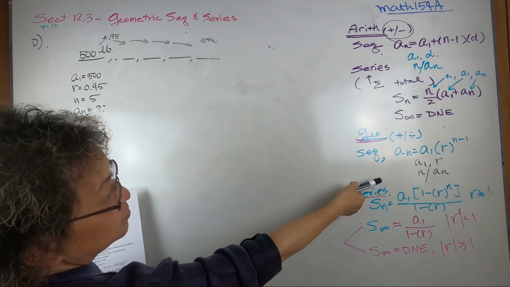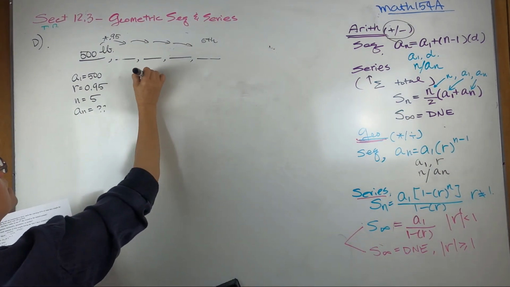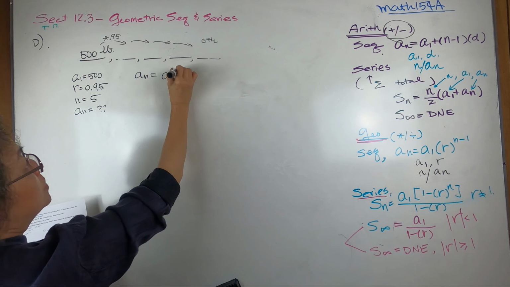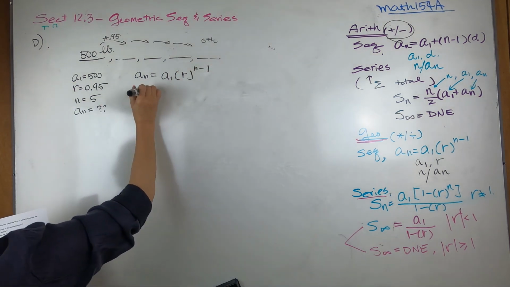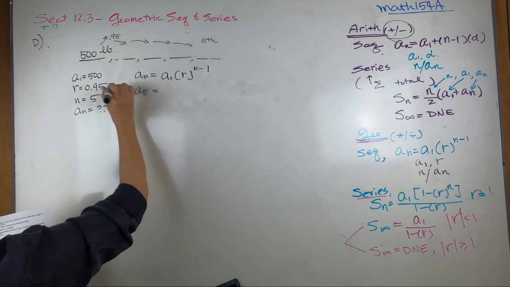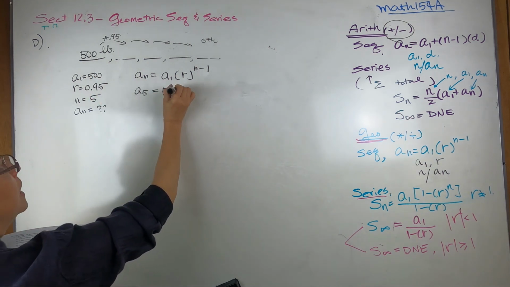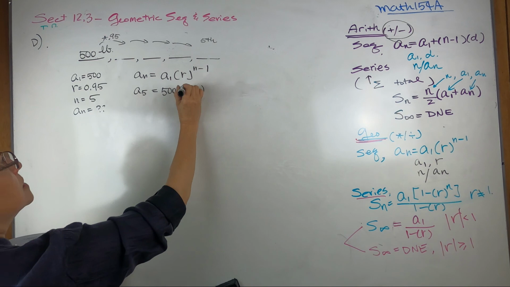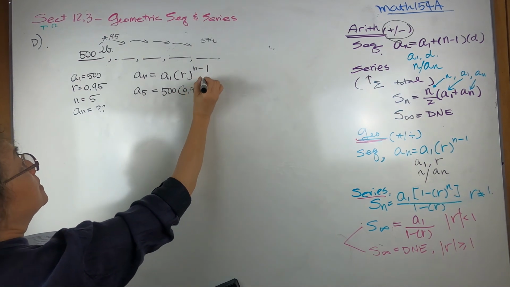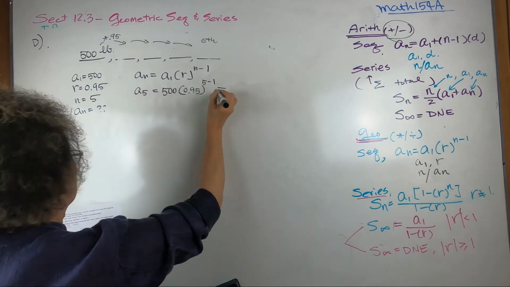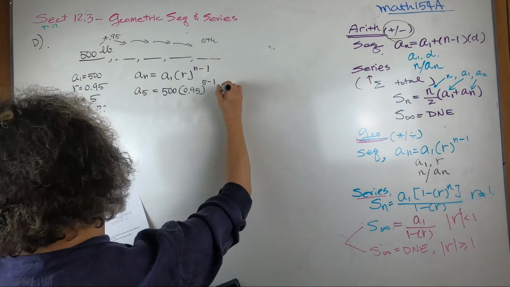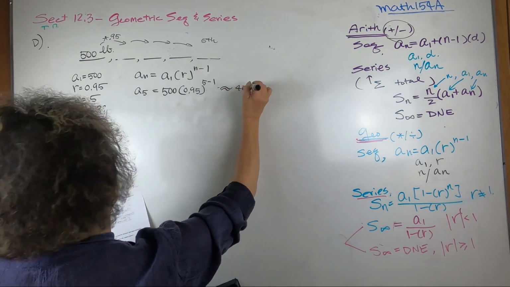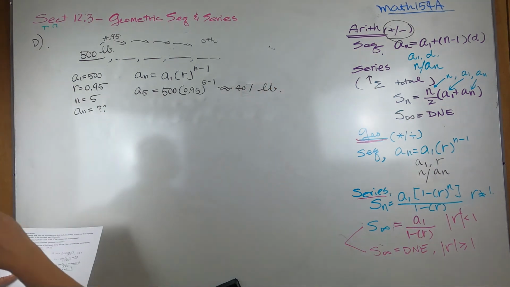So you use the formula, an equals a1 times r to the n minus 1. You plug in for the 5th day, a1 is 500, r is 0.95, and 5 minus 1. You just plug in. So you should get around 407 pounds, okay?